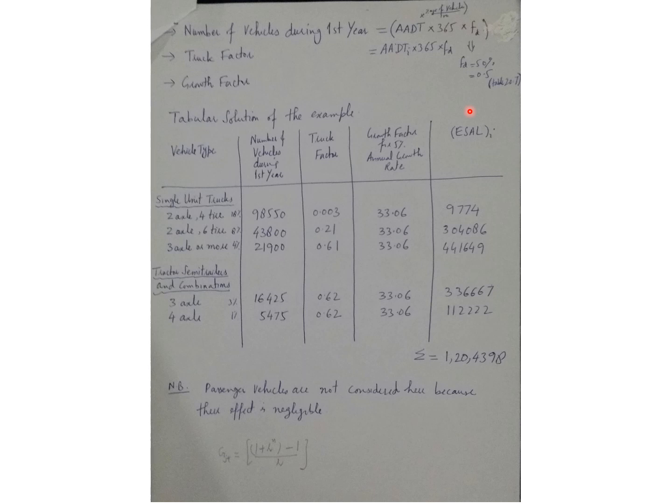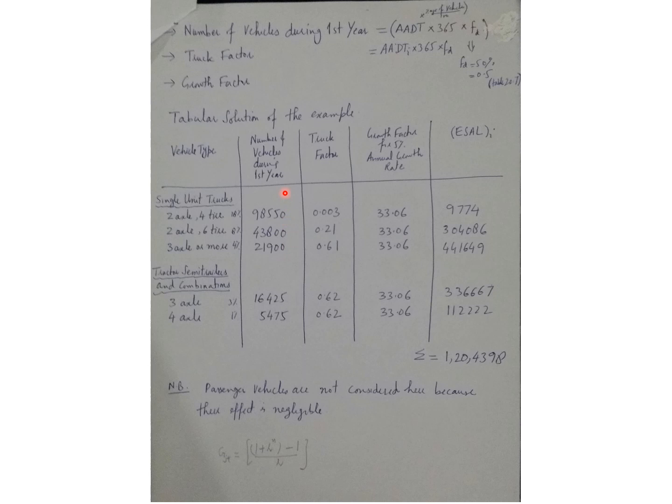ESAL sub I. So we are having these categories: single unit trucks, tractor, semi-trailer, and combinations. And we are not going to consider the passenger vehicles purposely, because their effect is negligible. Now look at these vehicles, and the number of vehicles are given in the question statement.